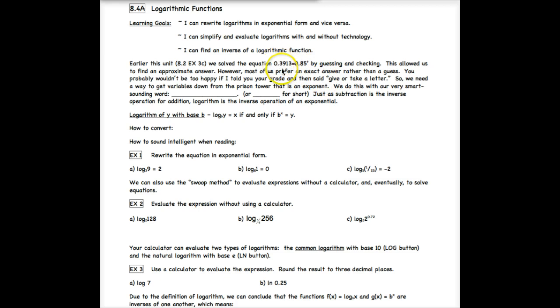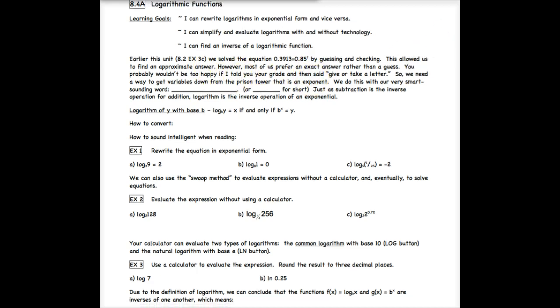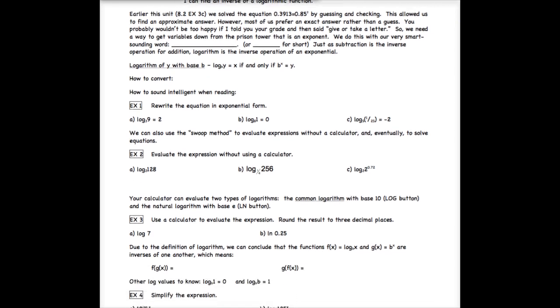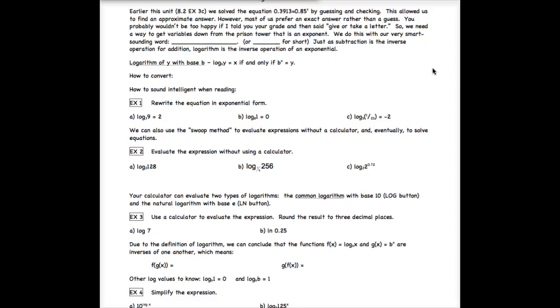We could do it graphically by putting this in your y1 and this in your y2 and using your intersect feature, but algebraically all we could do was guess and check. This allowed us to find an approximate answer. Most of us prefer an exact answer rather than a guess, especially in situations where we're trying to get down to small amounts, when we're getting down to dollars and cents or other things where small rounding differences make a difference.